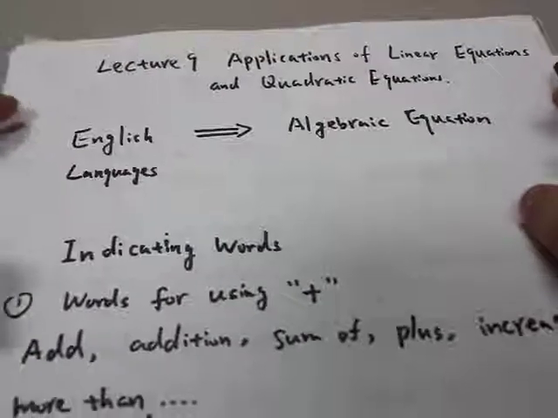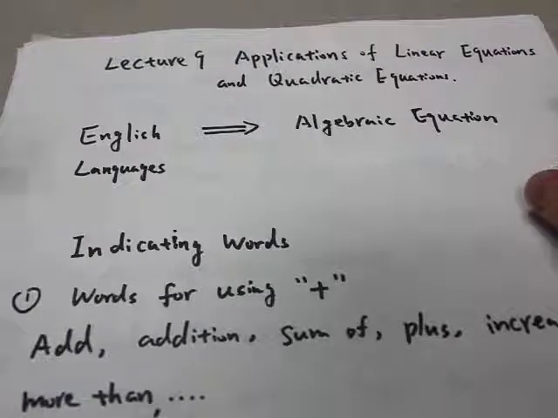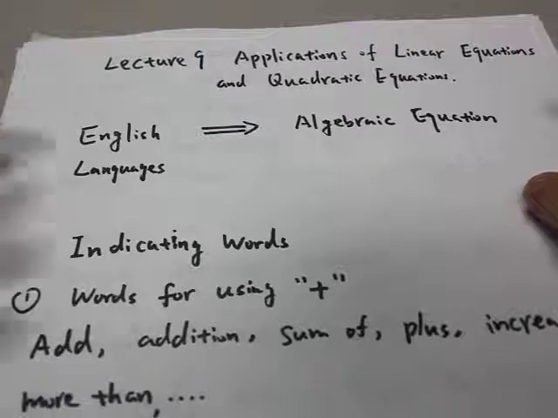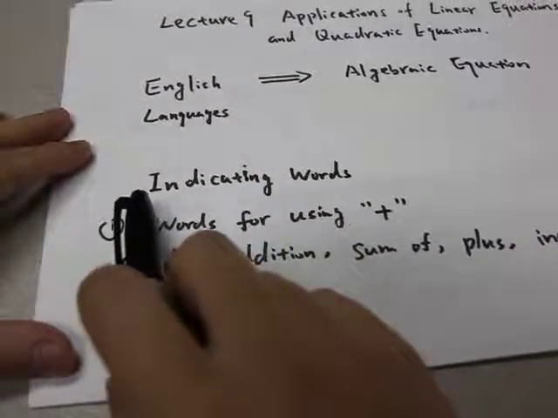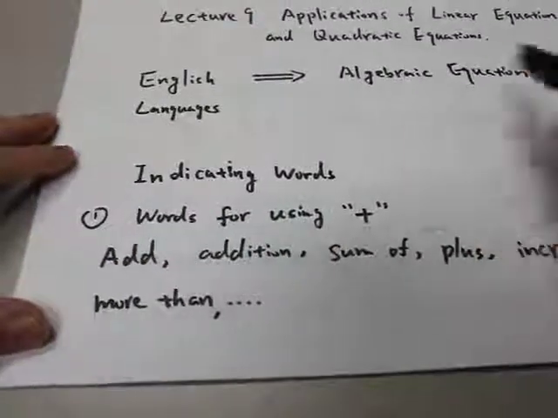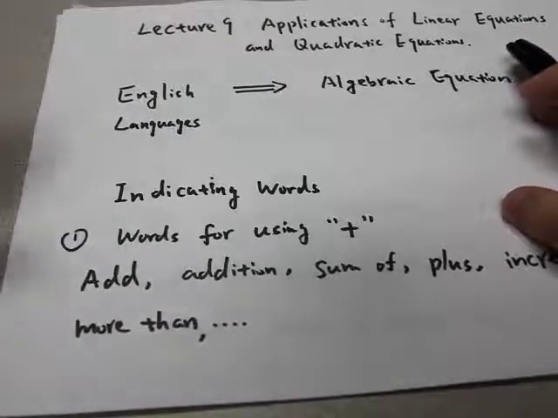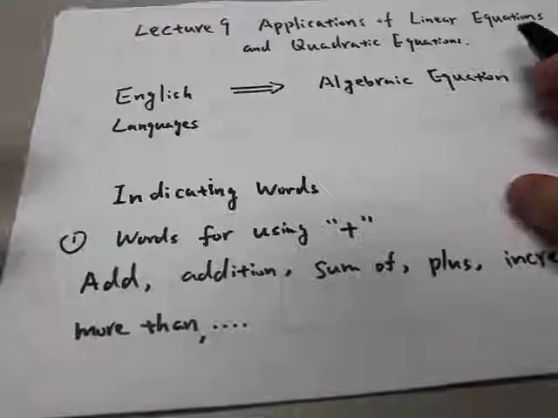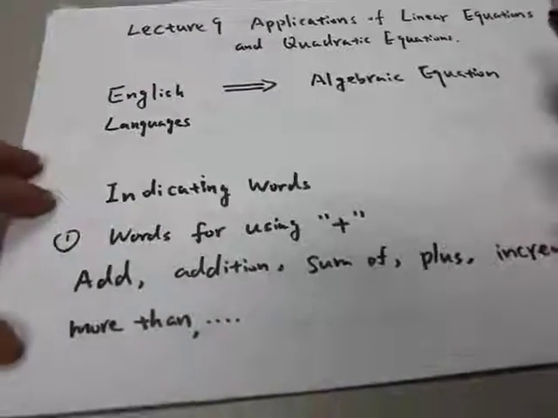And so in this video, I'm gonna show you some techniques for doing this. We are gonna use something called indicating words. The indicating words are something which tells us which mathematical symbols we should use.